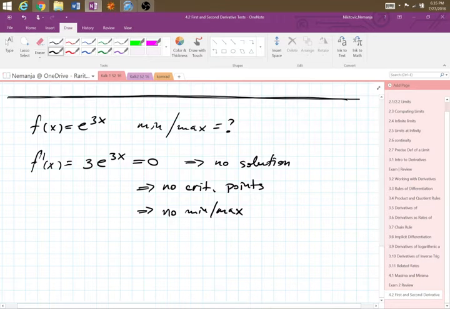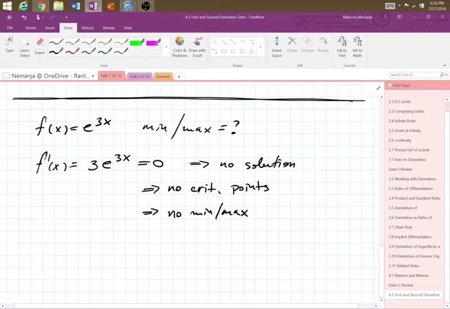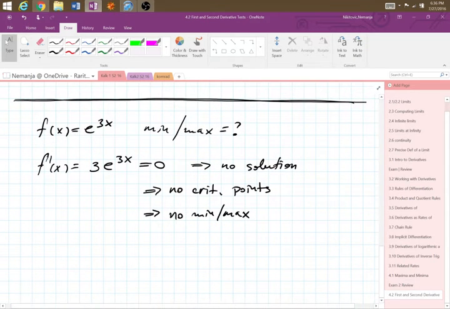But we get to use it to figure out min and max. So this function here has no min and max, but I can still go and pick any value for a test point on the entire domain, because the entire domain is a single function. Otherwise, if it had min and max, the derivative would find it.